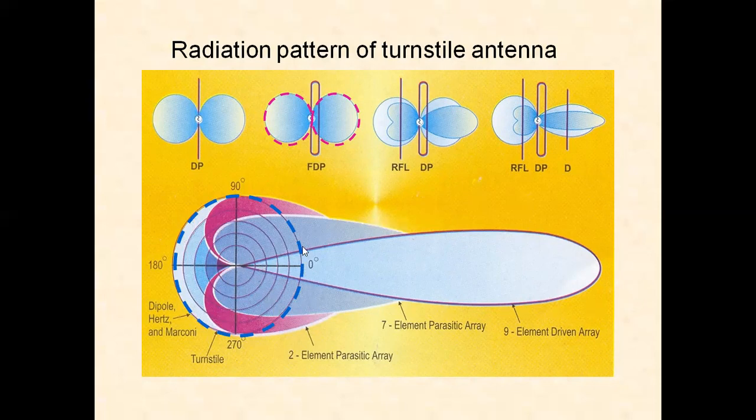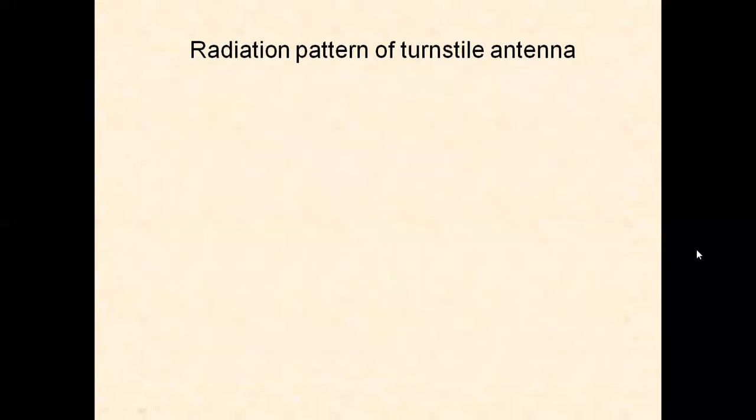Whereas the turnstile antenna, which is a combination of these two antennas, is one folded dipole mounted vertically and another folded dipole mounted vertically. This figure of 8 mixes with another figure of 8, and we are getting a radiation pattern of almost circular type.